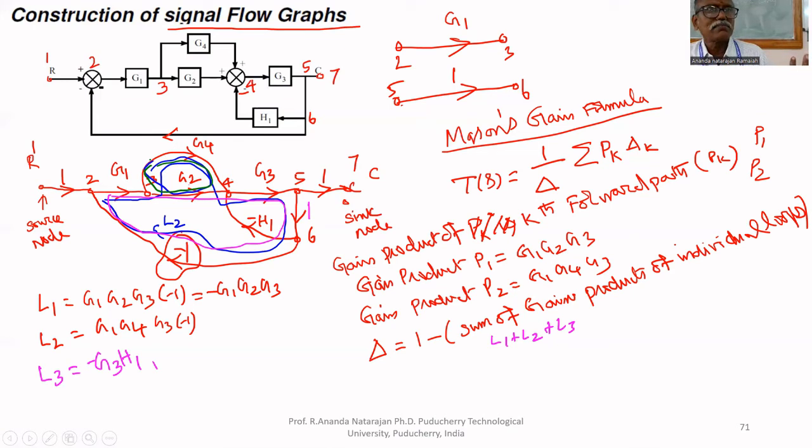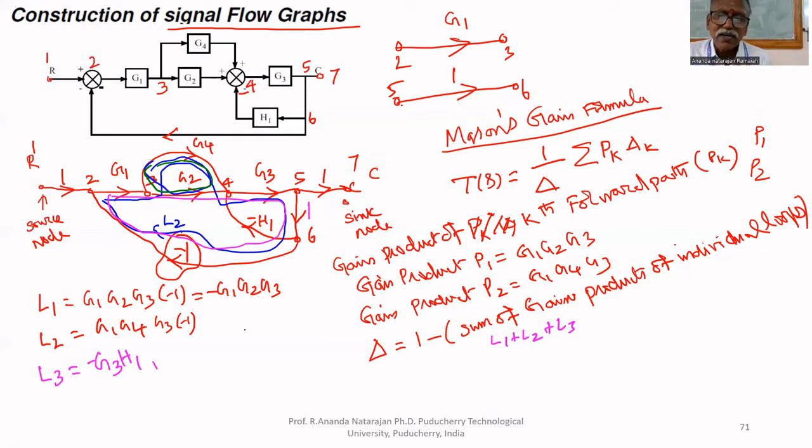There is no path, because the direction is not in favor. That's why it is not a loop. Loop means the direction also must cooperate. Then only you can reach the same point, which means it is a loop. But if it is a different path, it means different loops. In the diagram, only 3 loops are there.